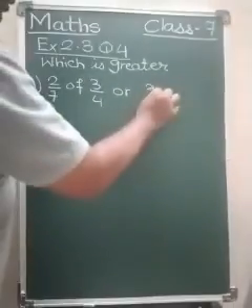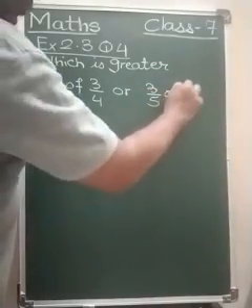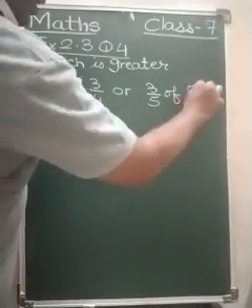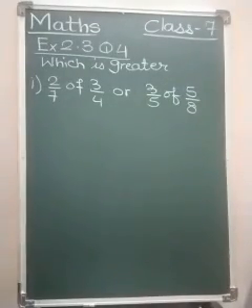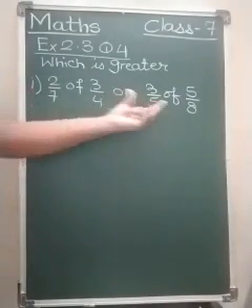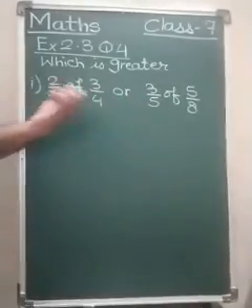First is 2 upon 7 of 3 upon 4 or 3 upon 5 of 5 upon 8. So this is the sum. Out of these two, which is greater?